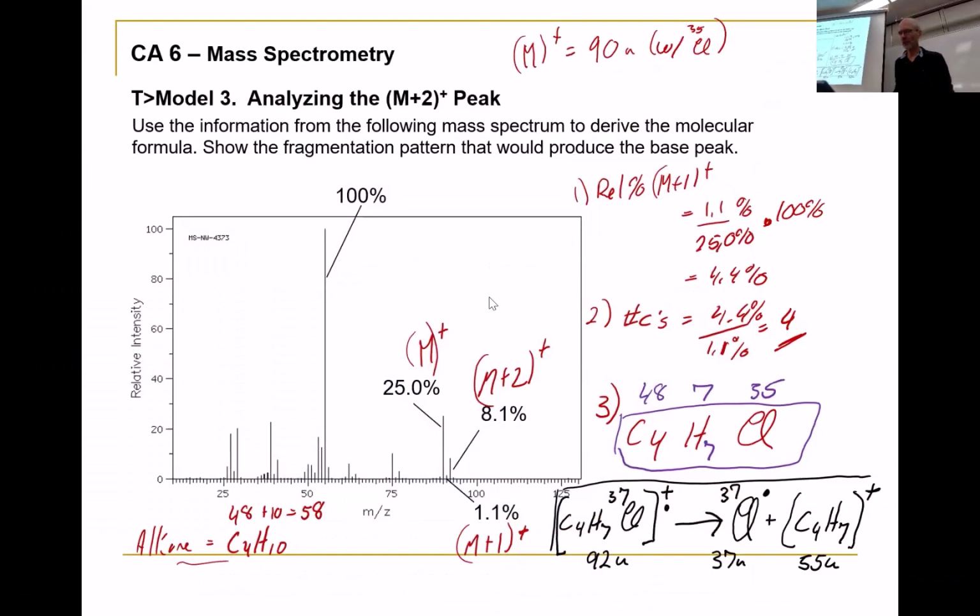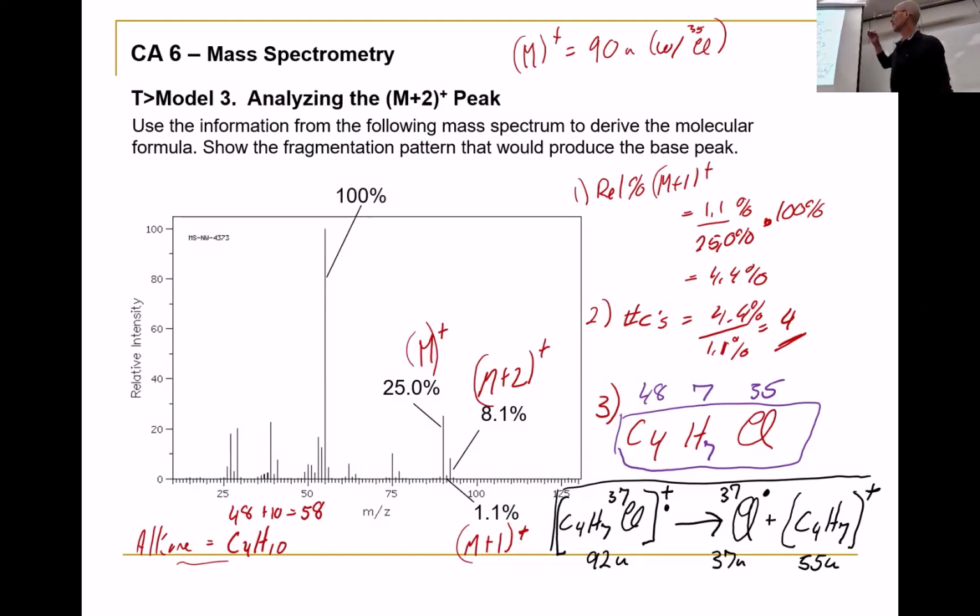Okay. So as I say, we're on page 46. We just finished doing last time this analysis where we were making use of a couple of things to come up with the formula. So I just want to remind you that we've identified this idea of the parent ion or the molecular ion.